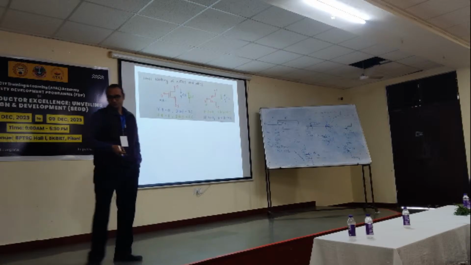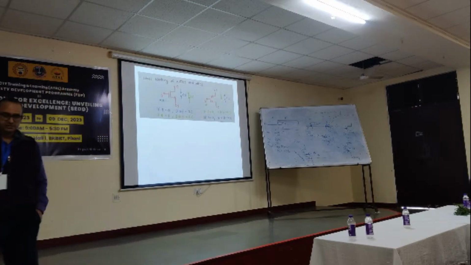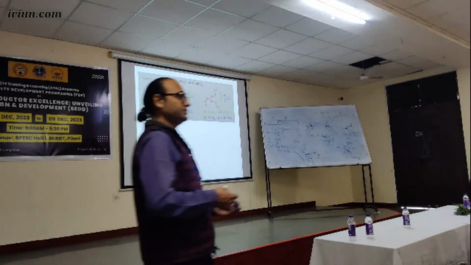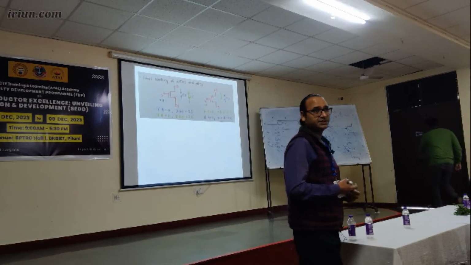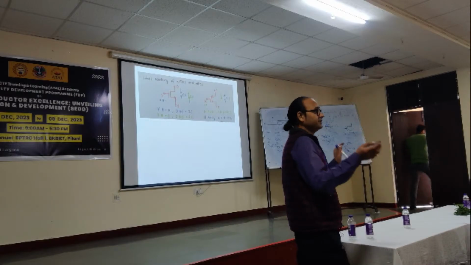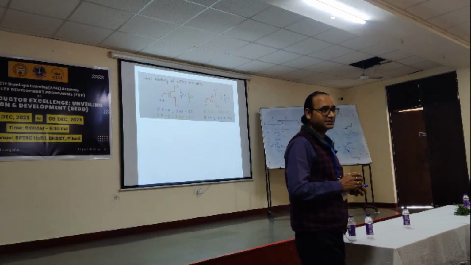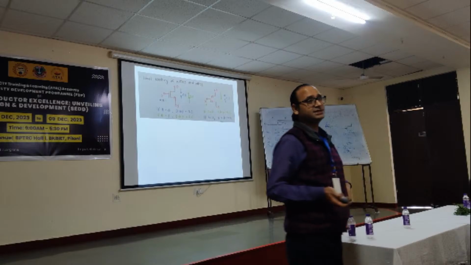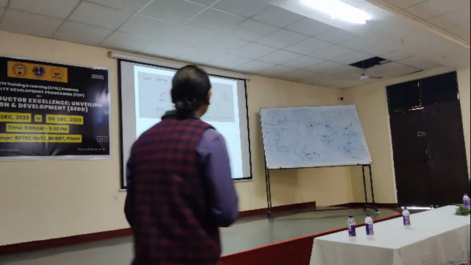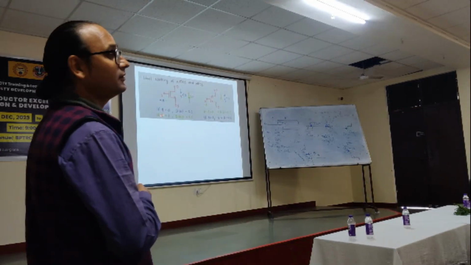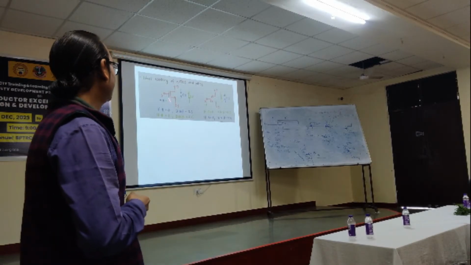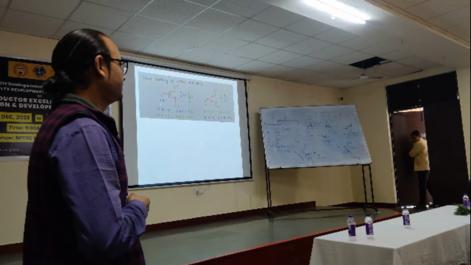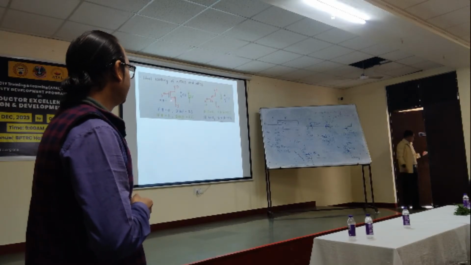Now, to conclude this MOSFET, I will say MOSFET is used in analog circuits as an amplifier, meaning to amplify the voltage of the signals, and in digital circuits as a switch. If we make it off with the help of gate voltage, there is no channel between drain and source.